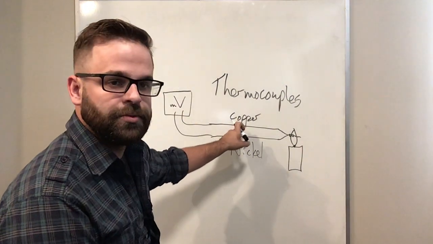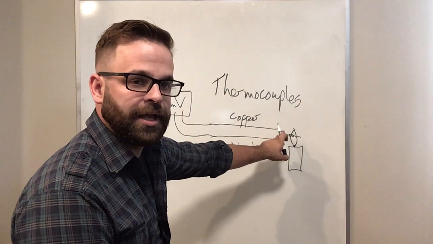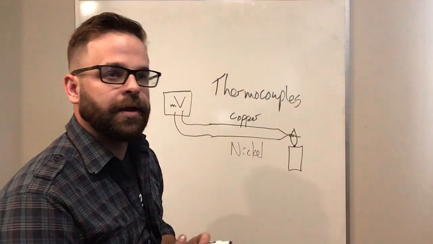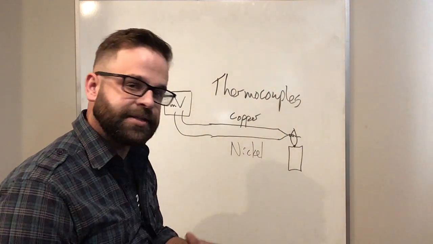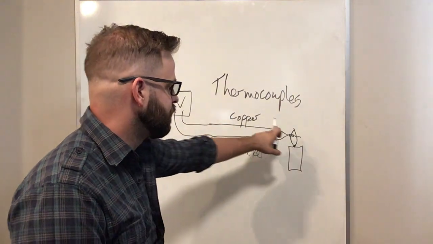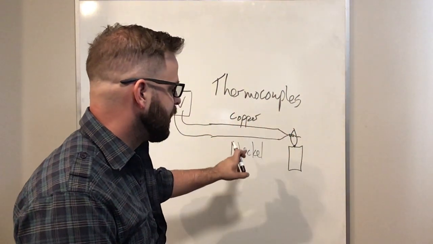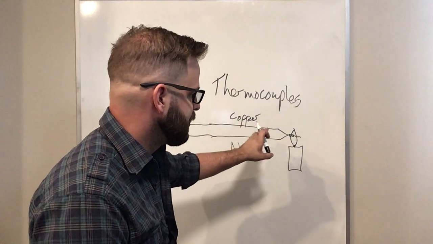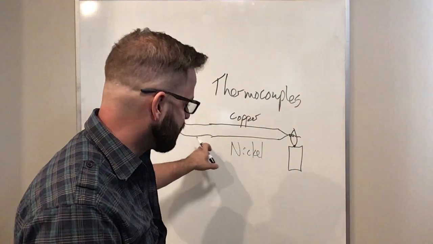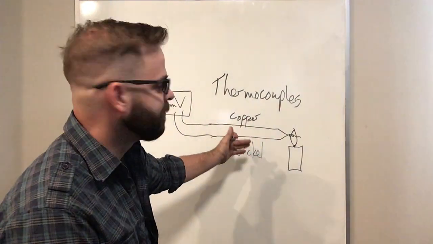But if I use two dissimilar metals and heat those up, obviously if I heat up wire, it's going to create energy, so those valence electrons are going to move from one side to the other and produce a potential difference across the wire. The same thing will happen in the nickel, but it happens at a different rate than it does in copper.